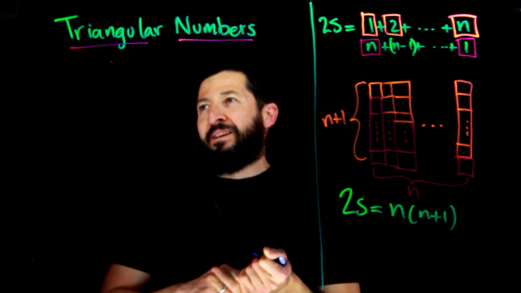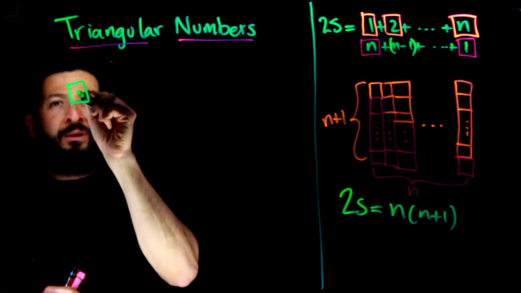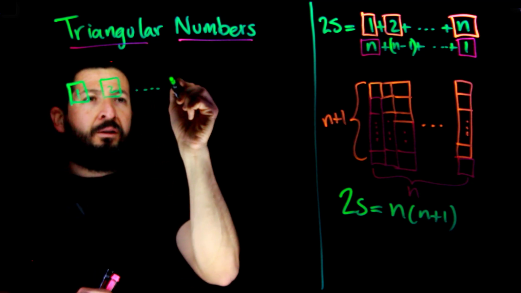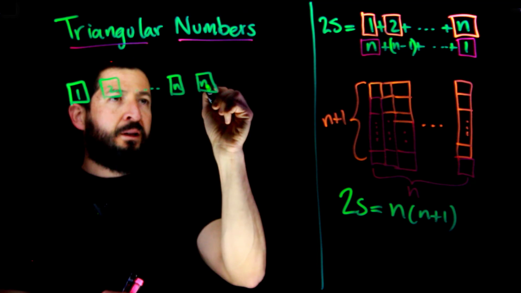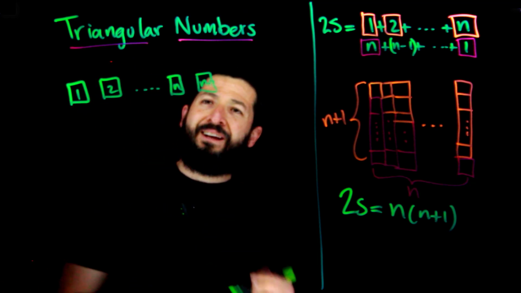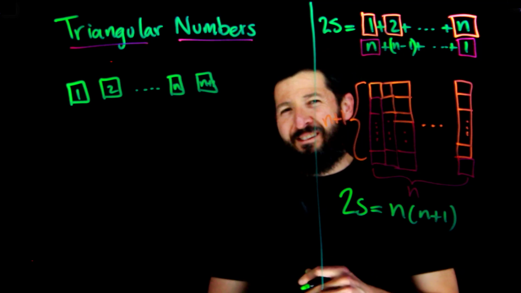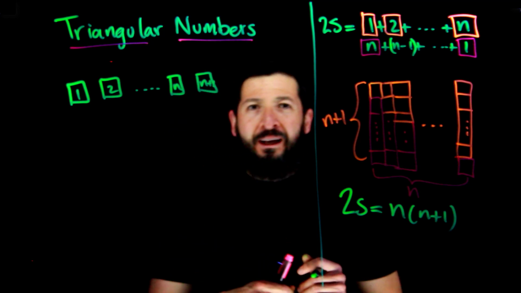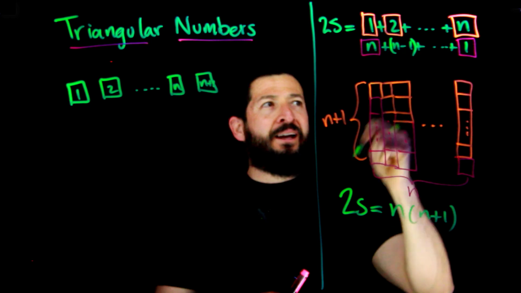Alright, so let's think about this. We have n plus 1 objects. I'm going to number them 1, 2, all the way out to n, and n plus 1. I could have written the numbers and then drawn the boxes, but why make it easy, right? Anyway, those are my boxes, my objects, and I'm gonna tell you how we can write that n plus 1 choose 2.